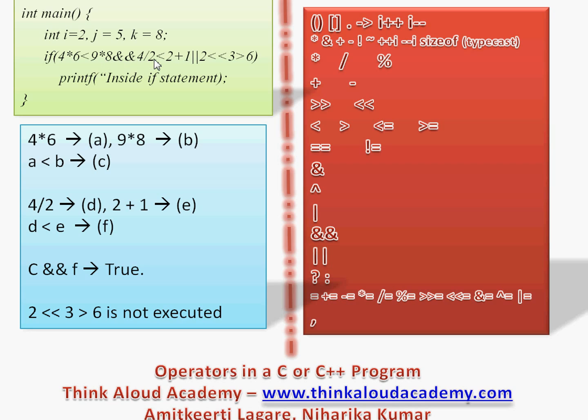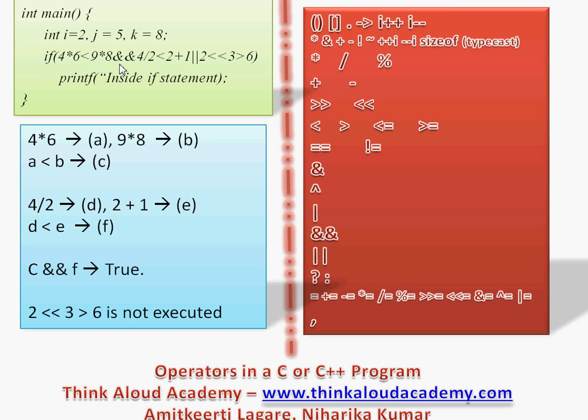Then we do 4 by 2, and let's say we call it D, and then we do 2 plus 1, let's call it E. Then these two values are compared, that is D less than E. Let me call it F. So first I evaluated this part, then I evaluated this part.